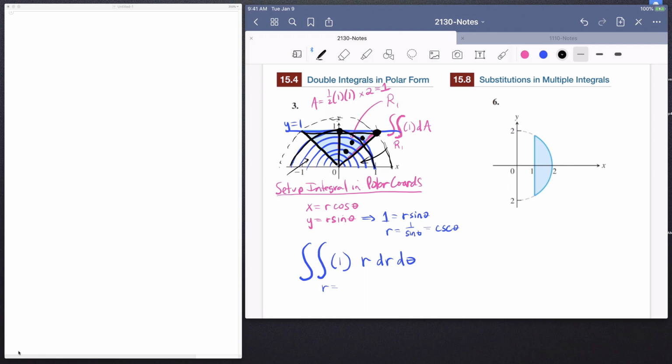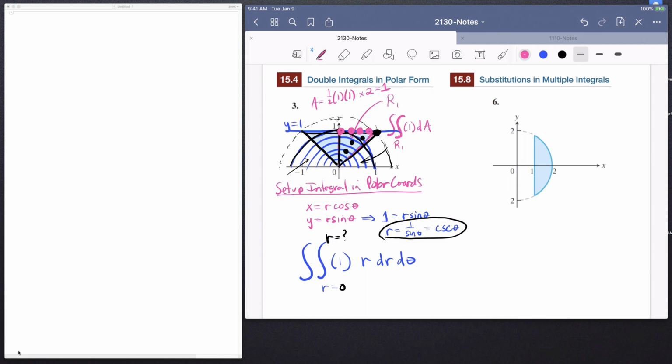So the radius has to go from 0 up to r equal to something that we have yet to determine. But we can see from here that r is equal to the cosecant of theta.